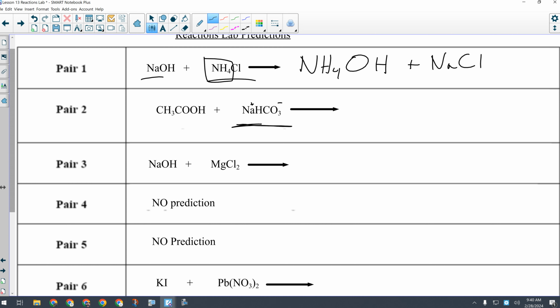Technically, this compound should be written like this: H acting as the metal, and then acetate acting as the nonmetal. If you look up here on your periodic table, acetate is the first ion listed in your table of polyatomic ions. So this is actually hydrogen acetate, or acetic acid.